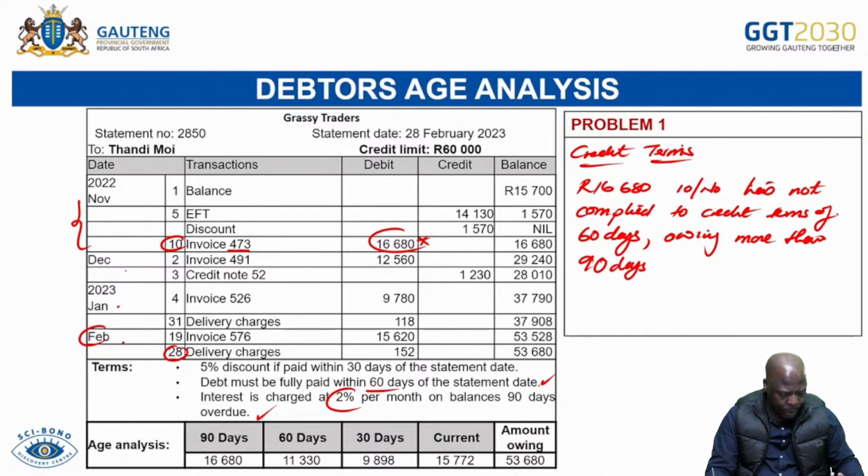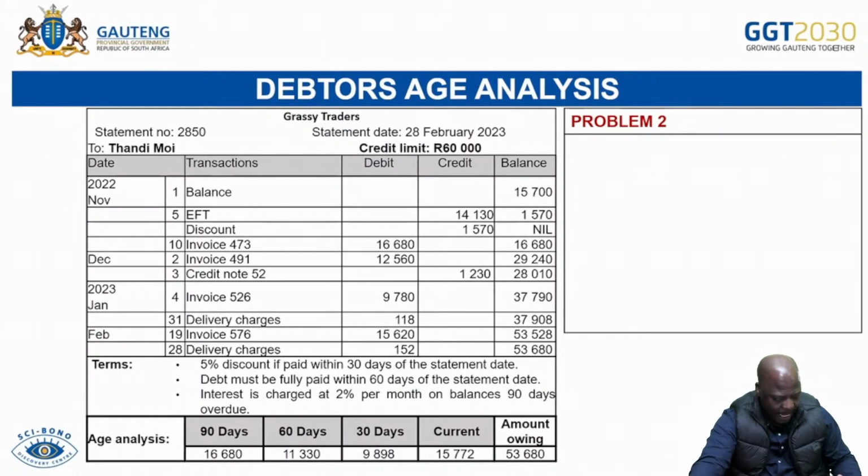Let's go on to the next one. Let's look at the second one. If we look at the second one, you will see that the amount that we spoke about, the 16,680, we are told here that once it is owing for more than 90 days or balance is 90 days overdue, we must charge 2% interest. But if we come here, we look all over, we don't see any interest here.